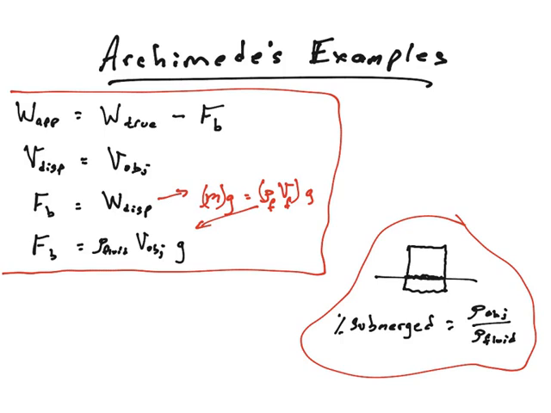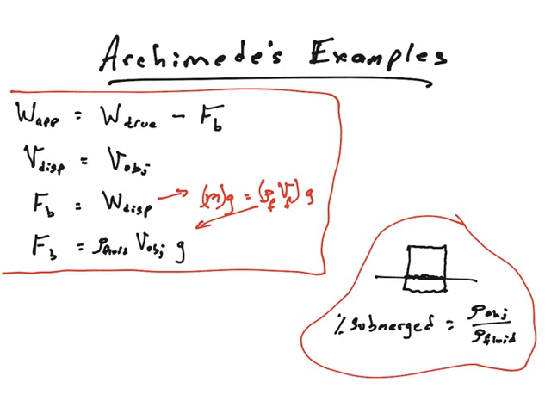The weight of the fluid is the same as the buoyant force. And then finally, because this is true, there's a relationship between the object and the fluid in the buoyant force. The weight of the displaced fluid is mass times gravity for the fluid. Mass is rho times v, density times volume.